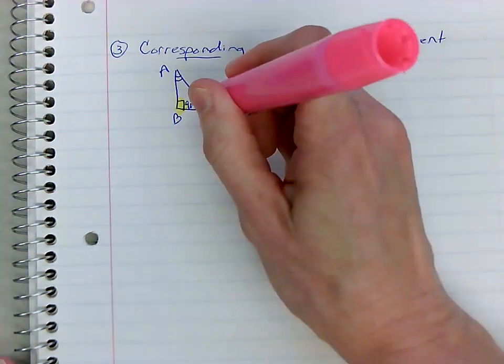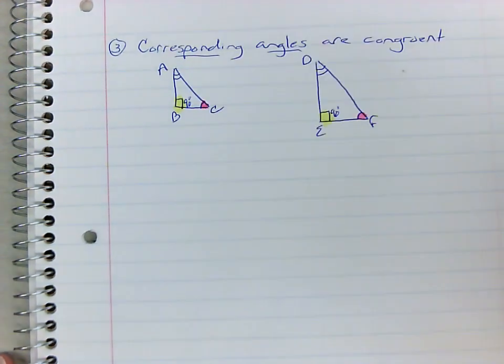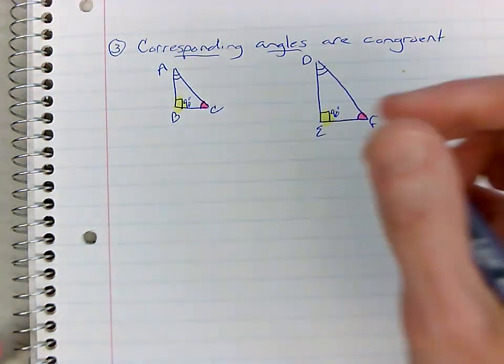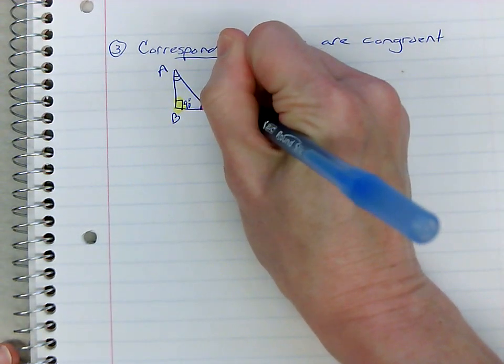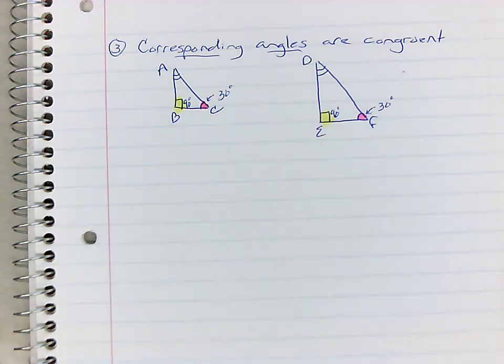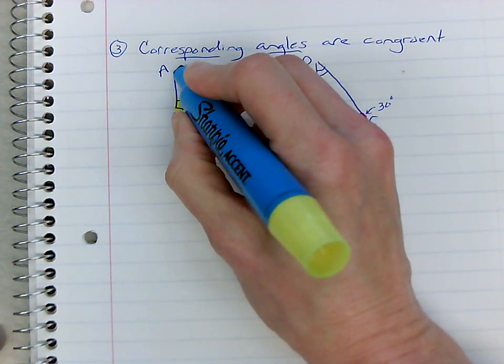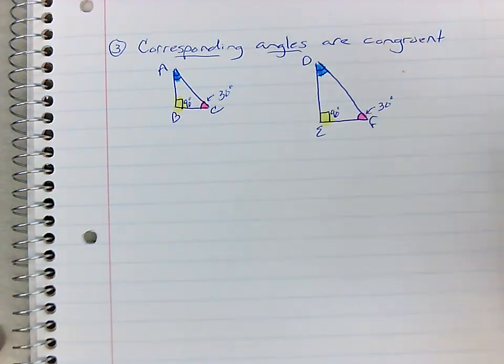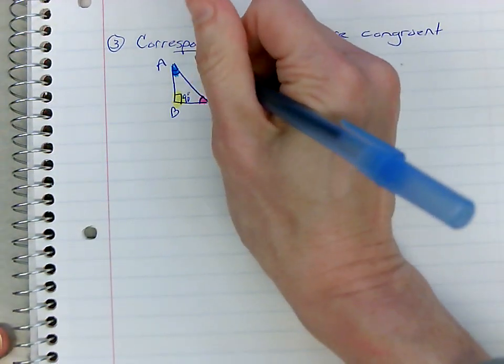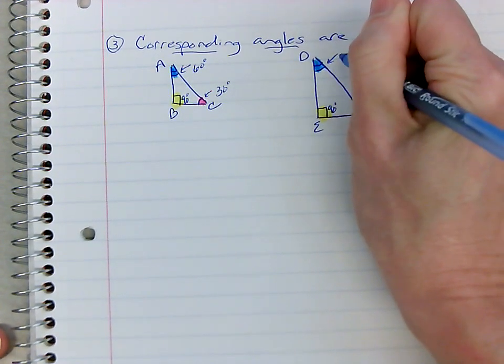Over here, angle C and angle F, let's say that those are 30 degrees. And lastly, up top here, the top angles are 60 degrees.